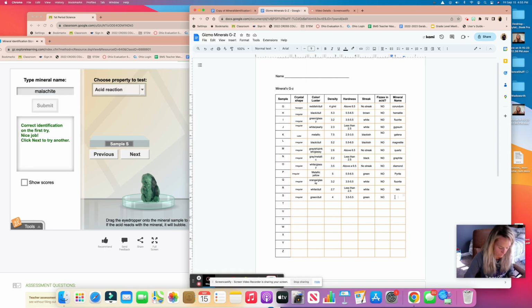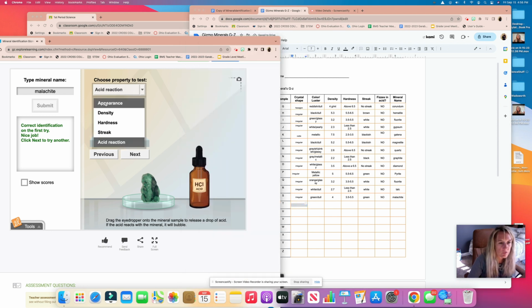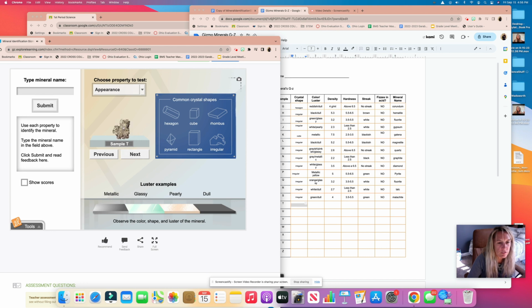Okay, there we go. Malachite. Awesome. All right, let's go back up to appearance and do T. So we definitely got some irregularness going here. It is actually gray and actually is metallic.